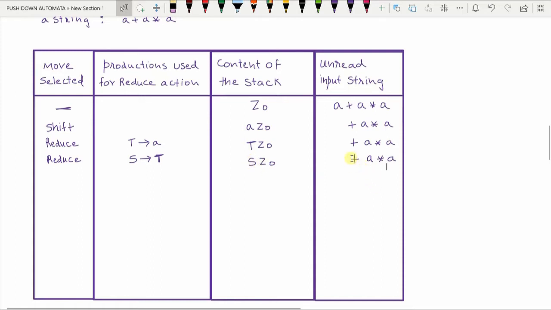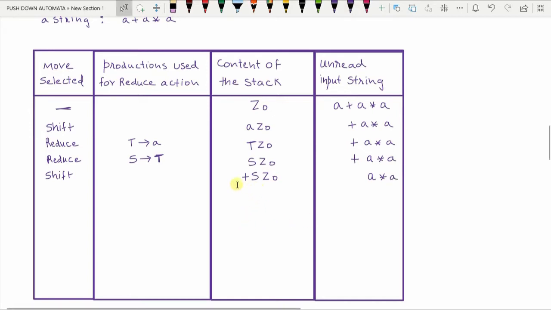So the current input symbol, that is plus, will be pushed onto the stack. So next what action am I using? I am using a shift action, and I am inserting plus onto the stack. So the stack now looks like plus SZ0, and after pushing plus onto the stack, the unread string is a into a.